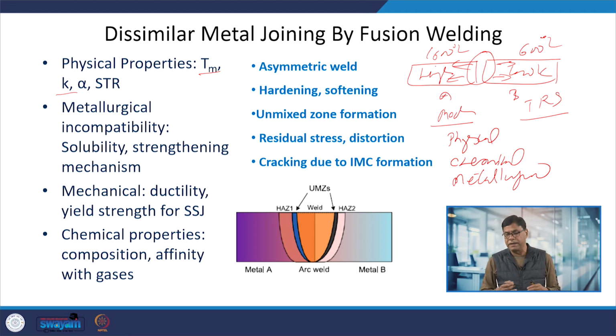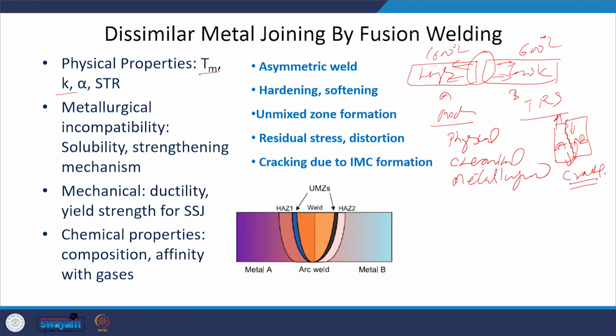In solid state joining also, when heat is applied to A and B, there is no fusion, only a joint formed at the interface. In those cases, the presence of tensile stresses at the interface also leads to cracking, and cracking at the center is observed.